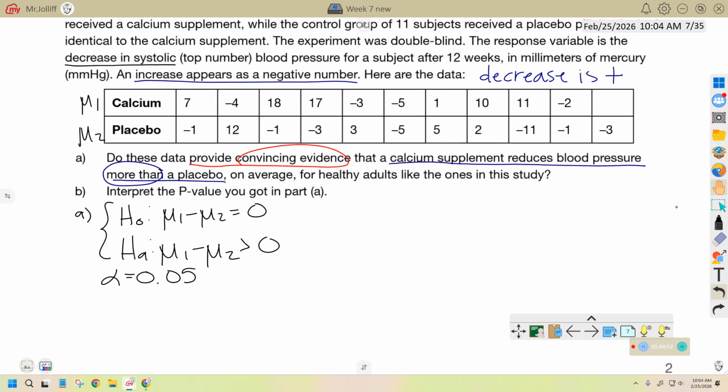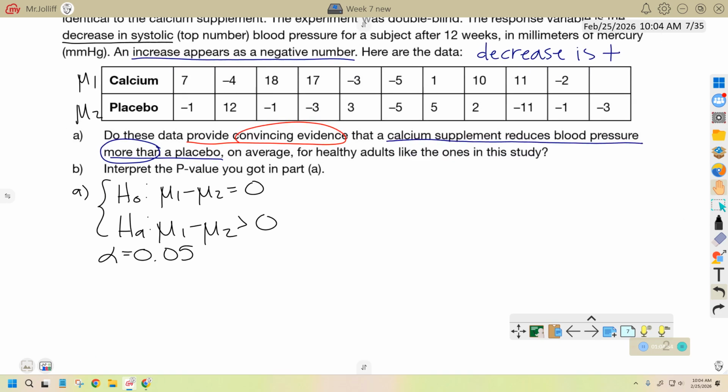The next step is the do. What am I calculating in the do step? Brody, what am I calculating in the do step? There's two things I need for a significance test. What two things did we calculate in the last problem?